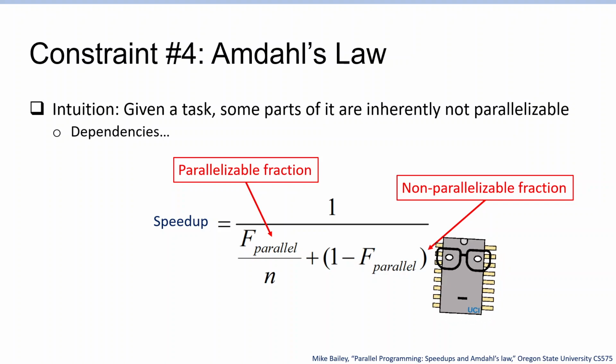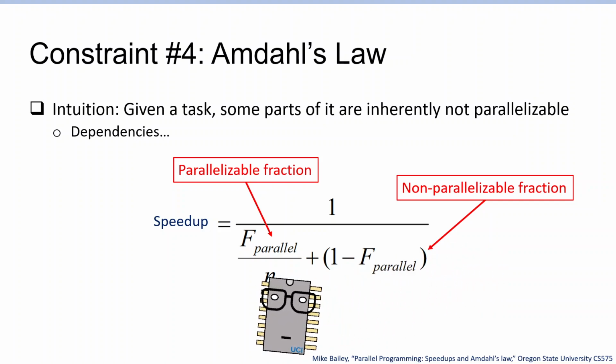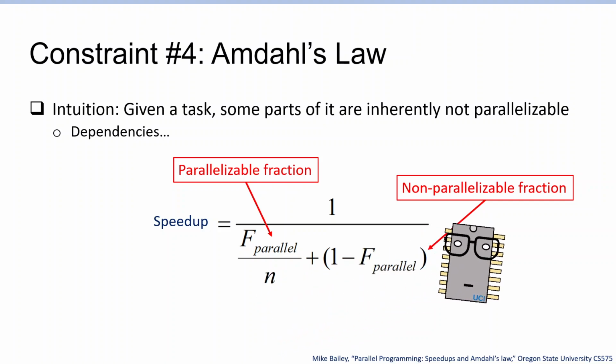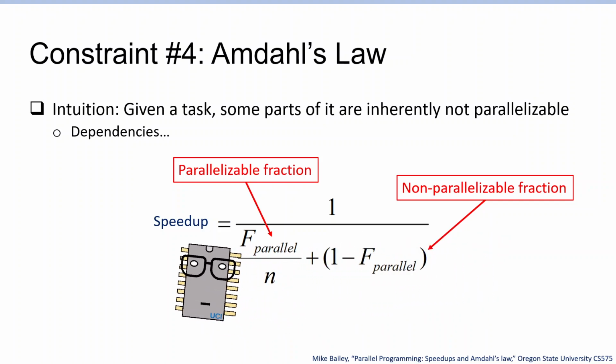So if the particular task is completely unparallelizable, then this part will become 0, and even if you had 1,000 processors, the speedup will become basically 1. If our program is embarrassingly parallel, so it is entirely parallelizable, then if we add more threads or processors, we are going to get linear scaling.